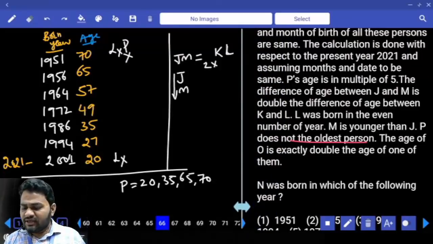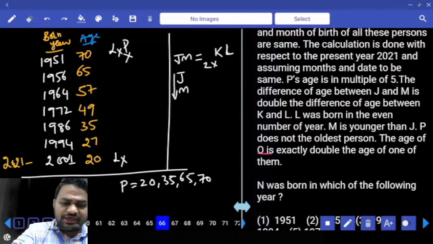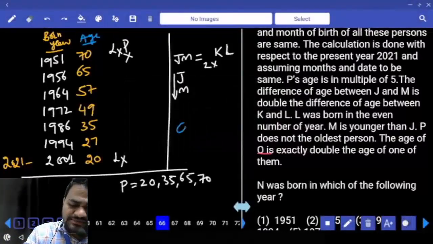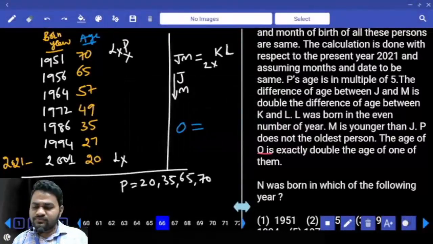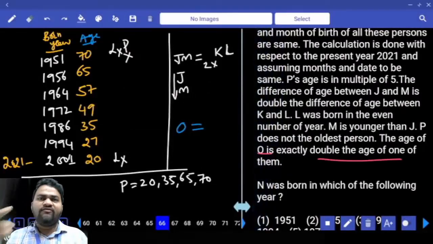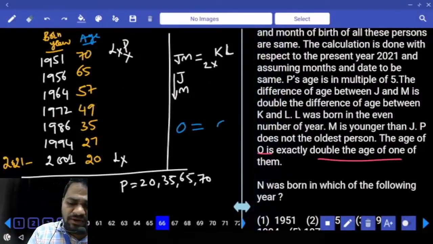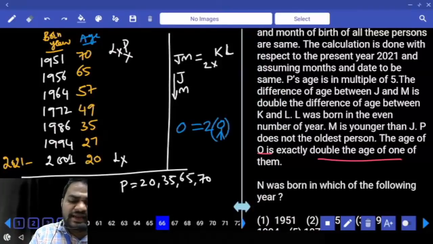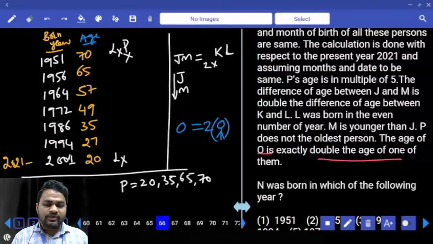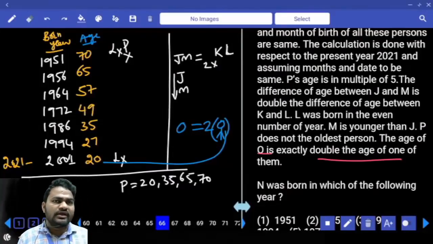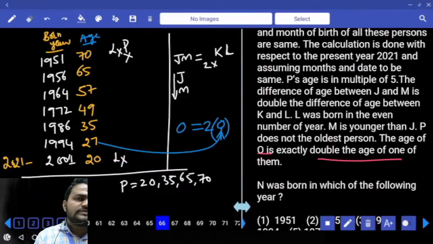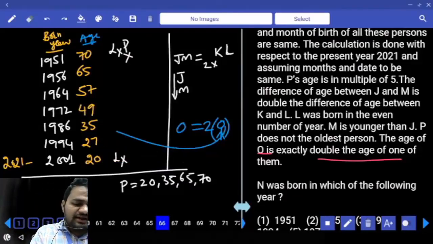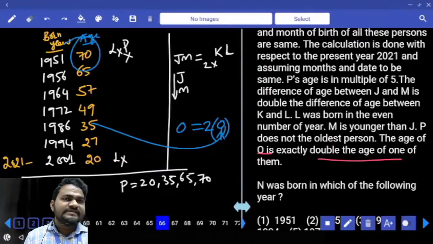And the next one, the age of O is equal to double the age of one of the persons. There will be one person such that if I double that person's age, I will get O's age. If I consider that person as 20, double of 20, 40 is not there. Double of 27, 54 is not there. Double of 35, 70.